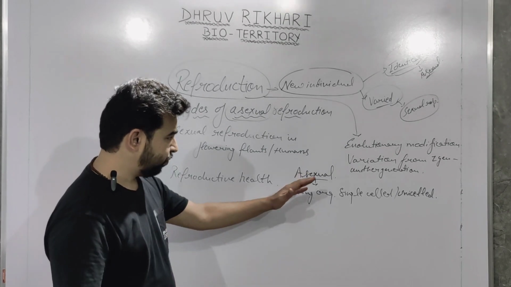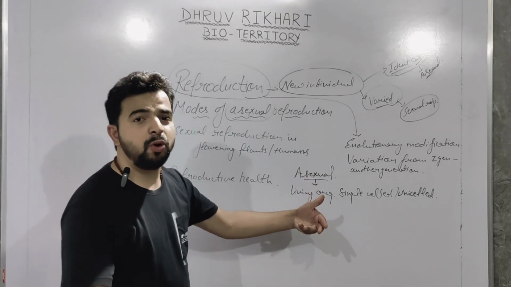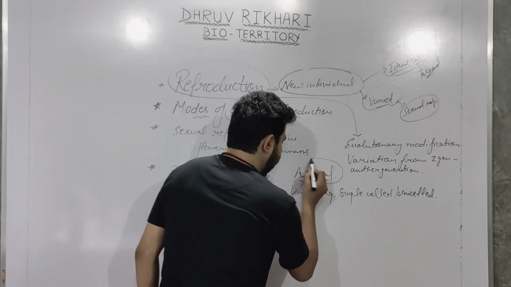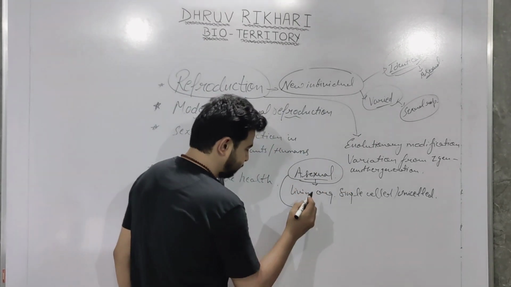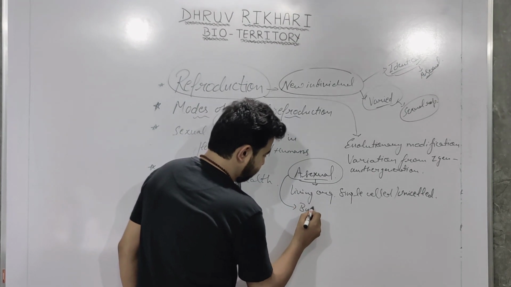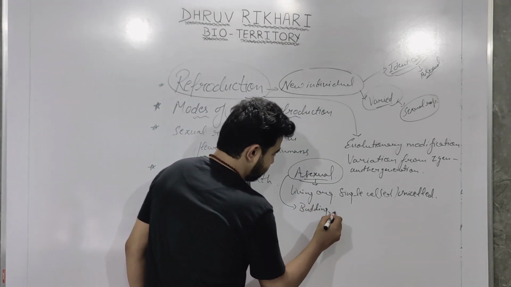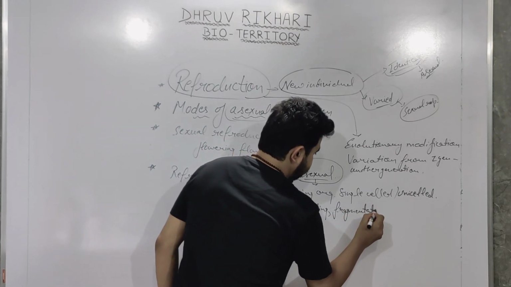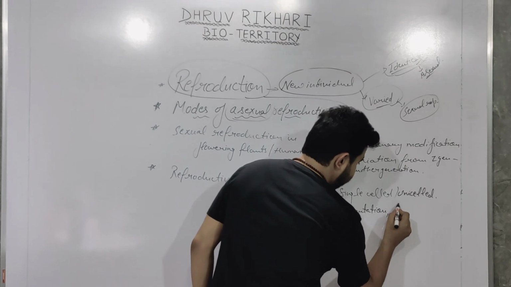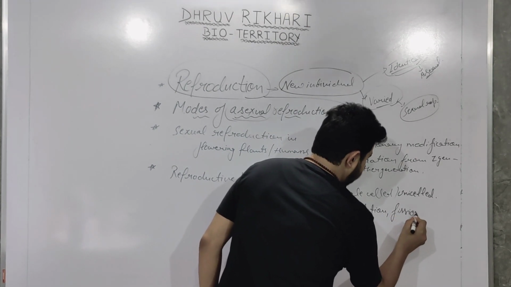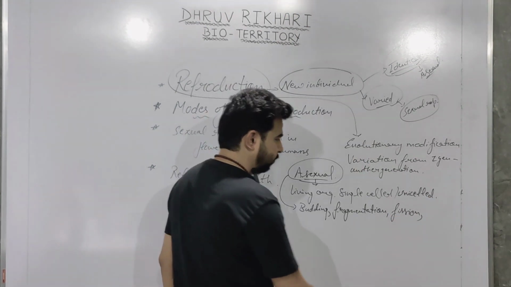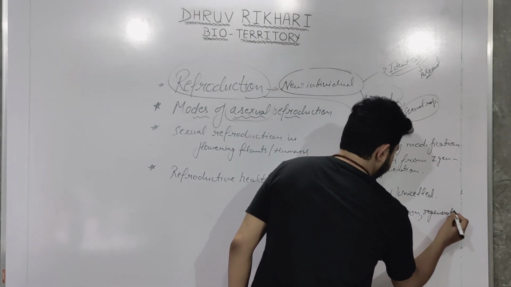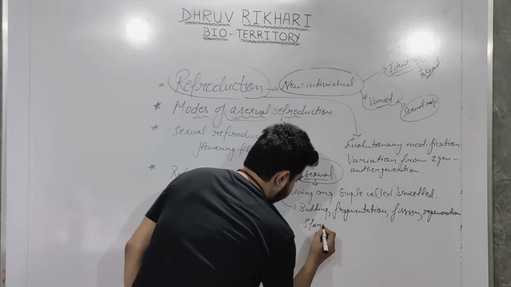There are different types of asexual reproduction. These different types are budding, fragmentation, fission, regeneration, and spore formation.